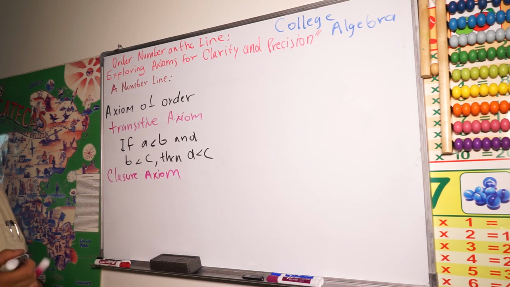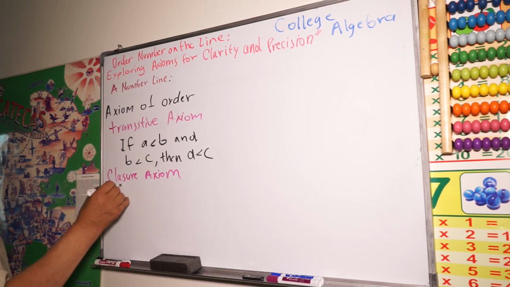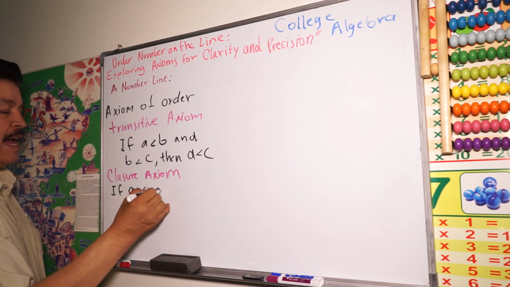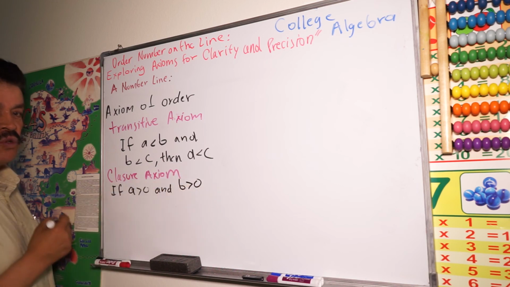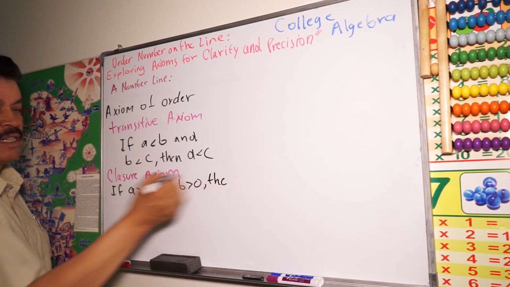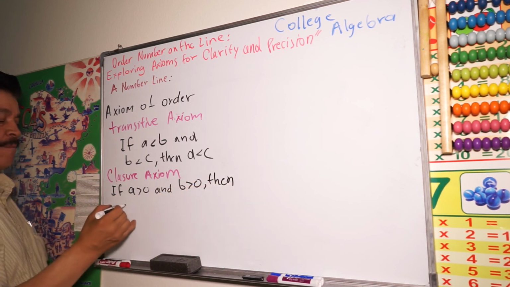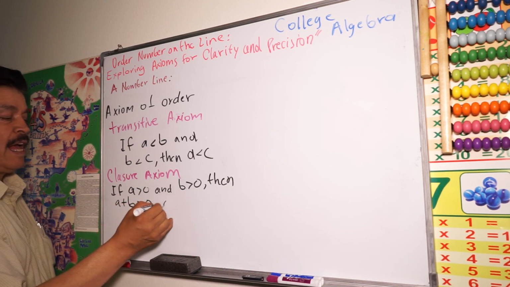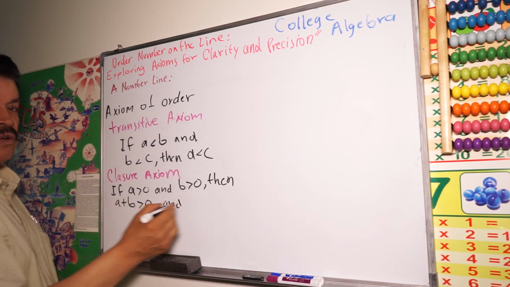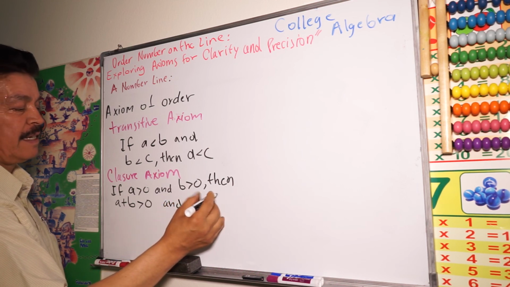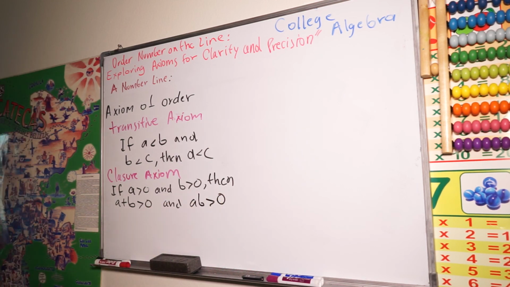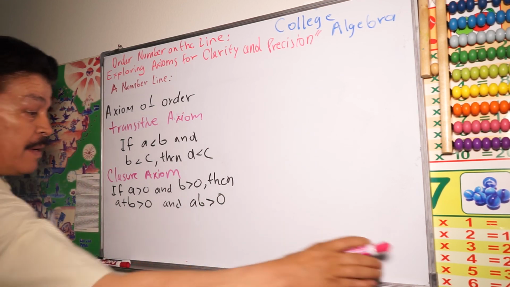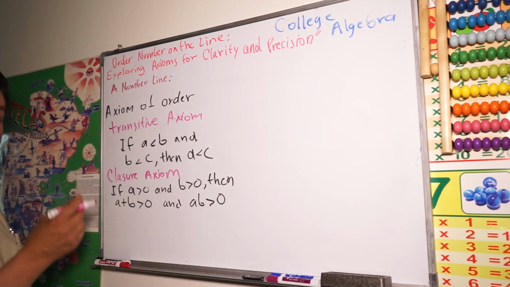This one is, for example, if A is greater than 0 and B is greater than 0 too, then A plus B is greater than 0. And the conclusion, AB is going to be greater than 0, right? This is another axiom, because we are exploring some axioms for clarity and precision. This is very, very important, this kind of rule that we have to keep in mind.